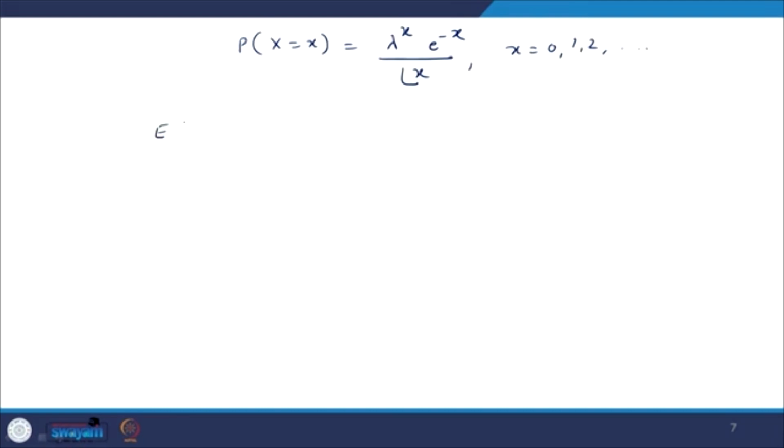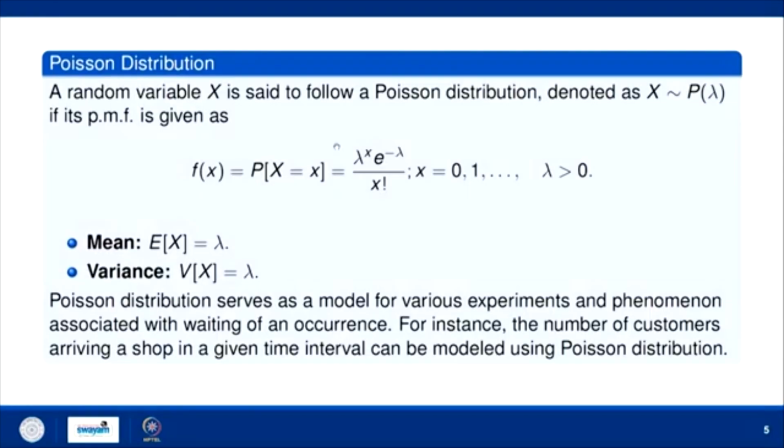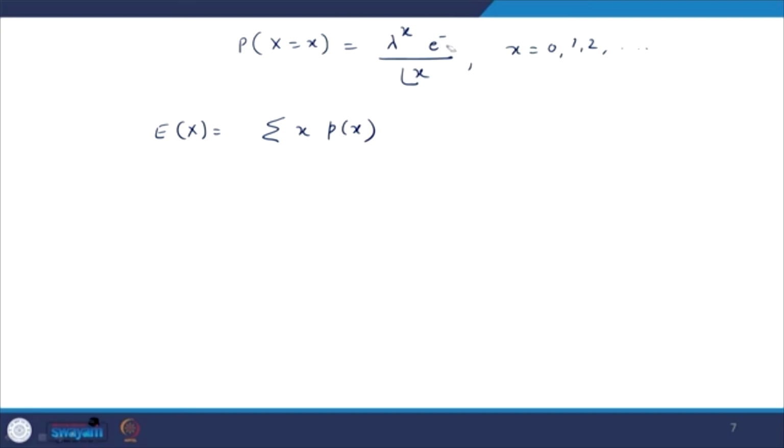So, what is expectation of x? Here it is summation x p(x). So, it is e raised to power minus lambda, summation x from 0 to infinity, x lambda raised to power x upon factorial x.